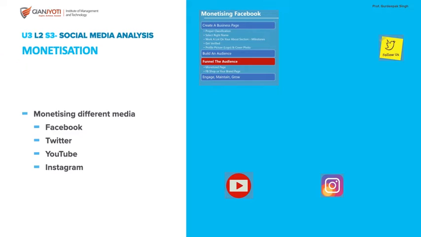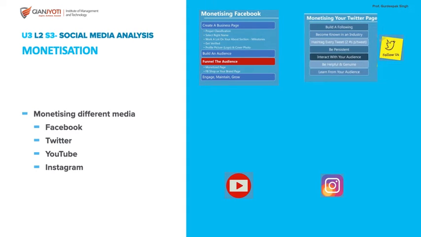When we talk about monetizing different media, we'll talk about Facebook, Twitter, YouTube, and Instagram. If you want to monetize Facebook, you need to create a business page, then you build an audience, you funnel the audience, and then you try to engage them, maintain, and grow from there.